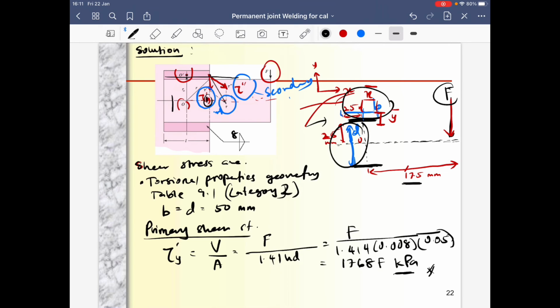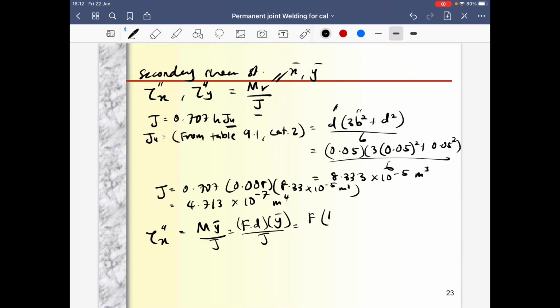So we have to add 150 plus 25, so 0.15 plus 0.025, right? And then times the y bar. Y bar is 0.025 over the J, 4.713 times power of minus 7. Then you get the tau x as 9.